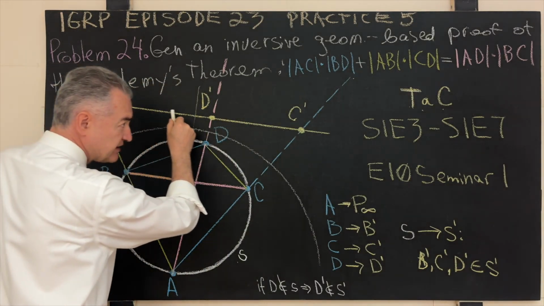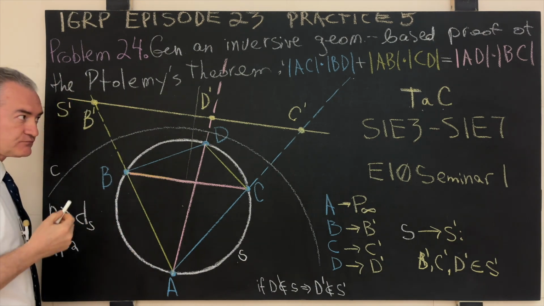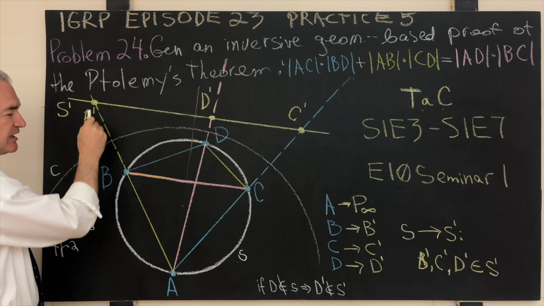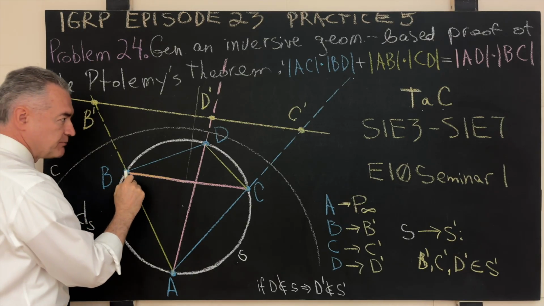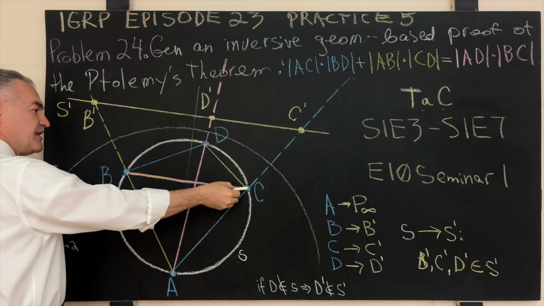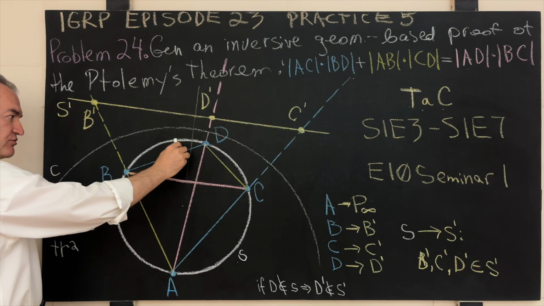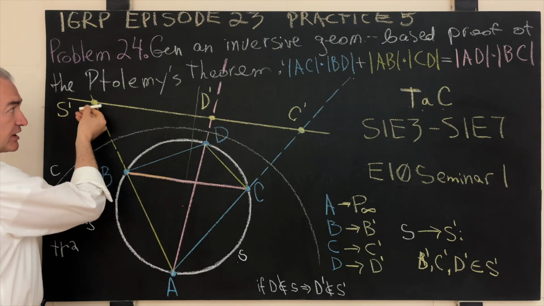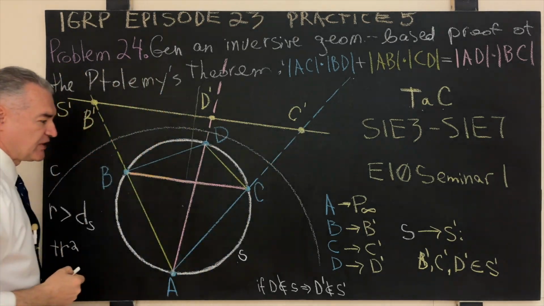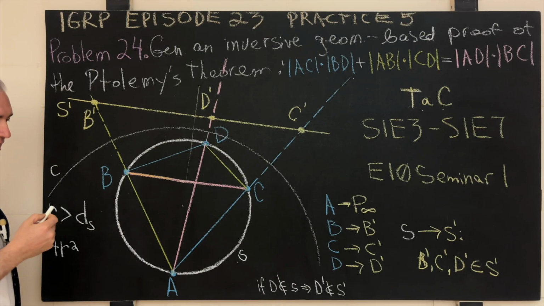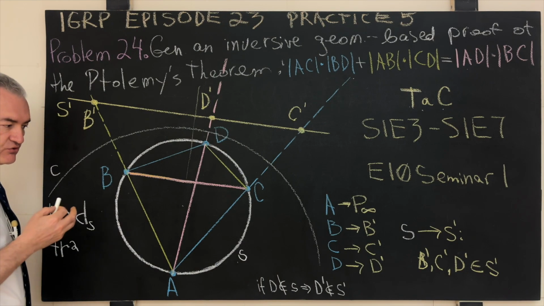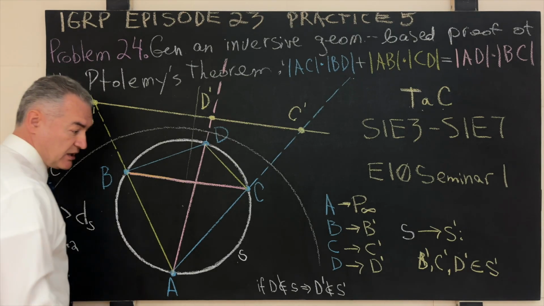This is where we win tactically, because now the distance between the images of the points B and D, D and C, that is curved, let's say, in the original difficult to solve problem, is now straightened out evidently into a straight line. And it is important to understand the way in which inversive geometry works.